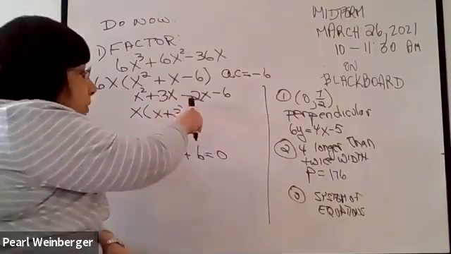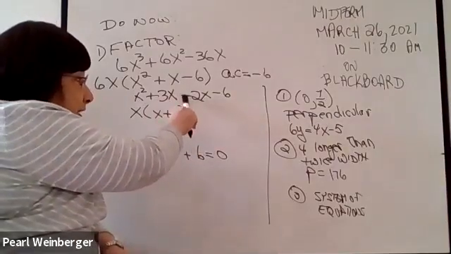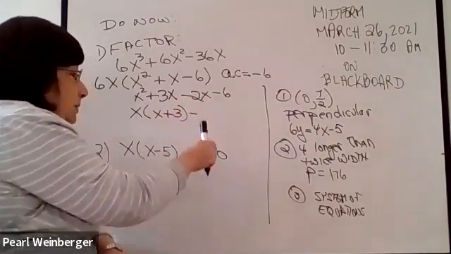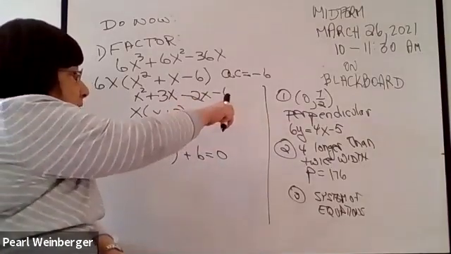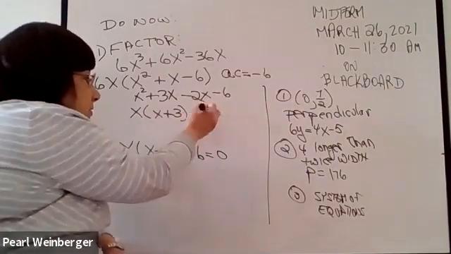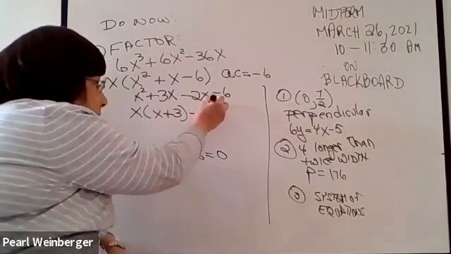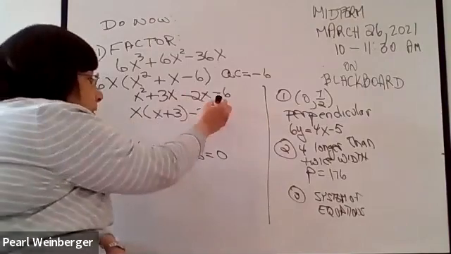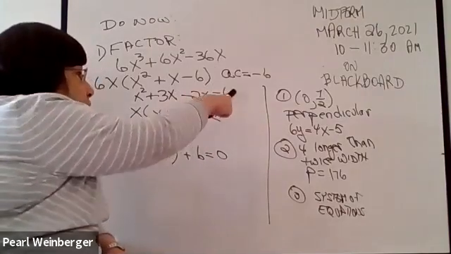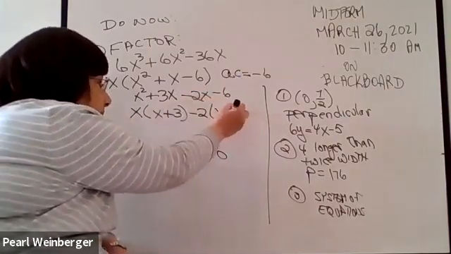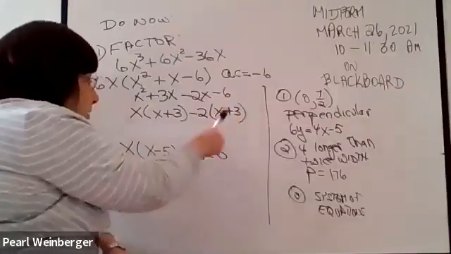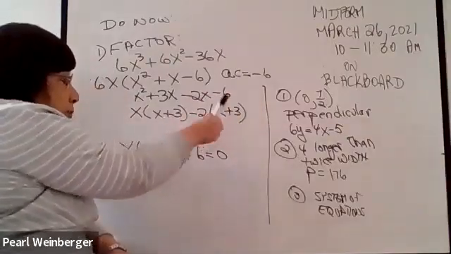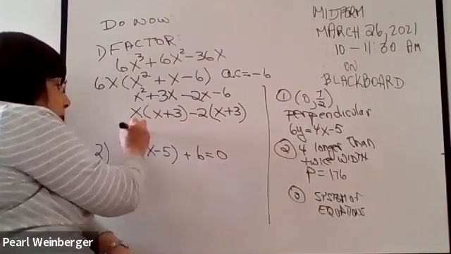In my second group, obviously it's going to be a negative because my middle term is negative, negative 2x and negative 6, it's a negative 2. Negative 2 into negative 2x gives me x. Negative 2 into negative 6 gives me positive 3 as well. I know I'm on the right road because these parentheses are the same.